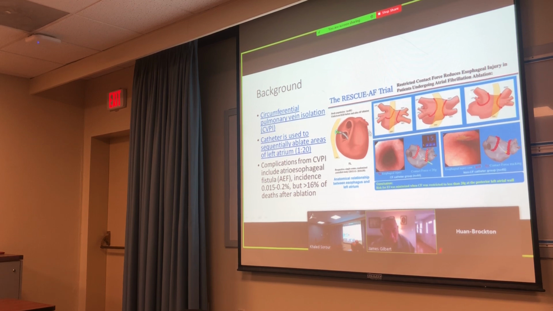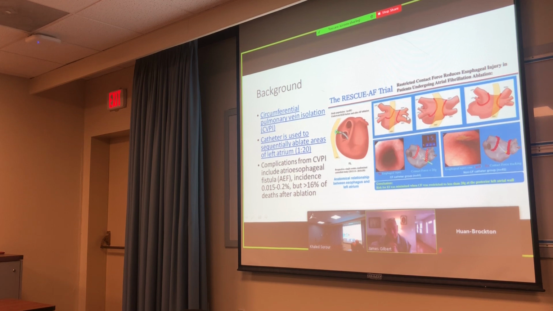This is a schema showing what they're doing, and they have the pulmonary veins here, the rings of ablation around them, and then they're showing how the esophagus is kind of overlying this left atrium and sits right behind it in various anatomical locations.